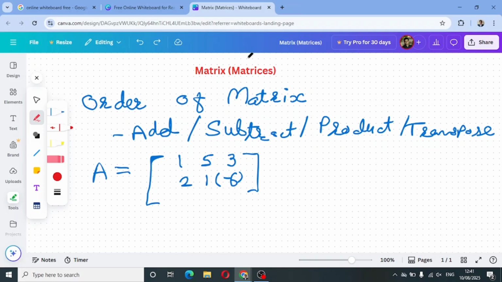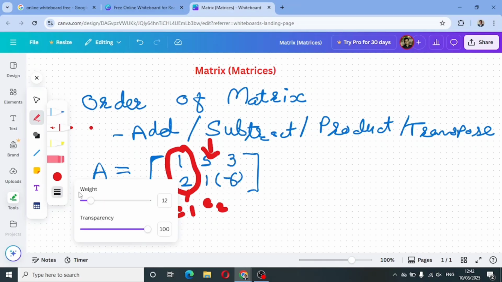Now if I look at the other side, then this one is called the first column, column 1. This one is called column 2, and here you have column 3.